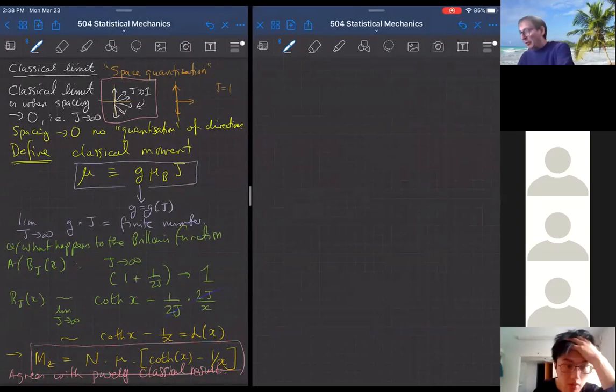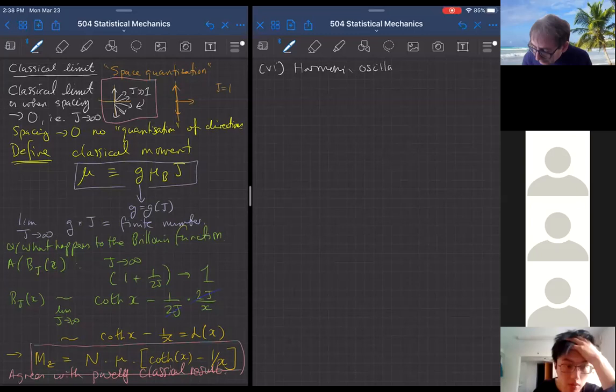Okay, so now what we're going to talk about is the harmonic oscillator. Of course, everything you can solve in physics is a harmonic oscillator, so it's very important to work out the stat mech of harmonic oscillators.